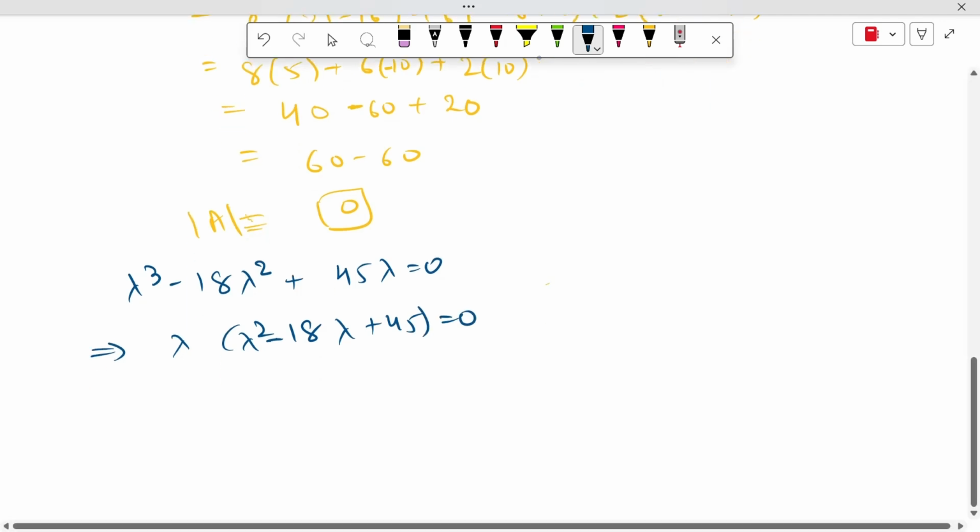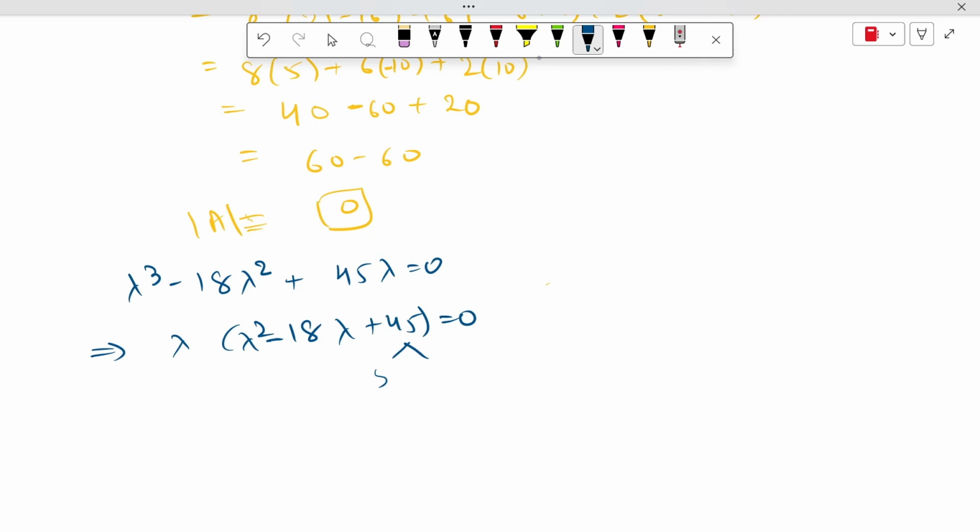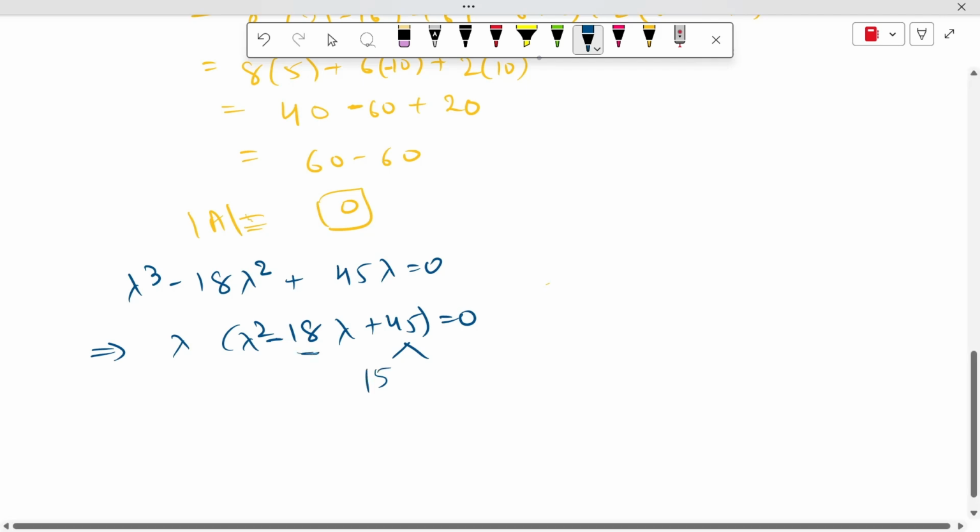Now we got a quadratic equation, and I think you know how to solve this equation. Taking its two factors, we have to take such factors that their sum is 18, so it will be 15 and 3. So it will be lambda into lambda minus 3, lambda minus 15 is equal to 0.